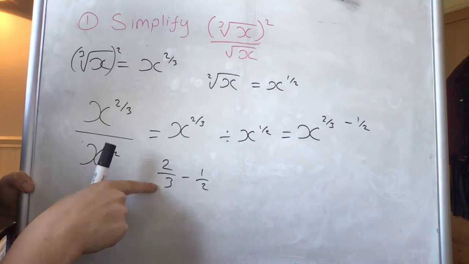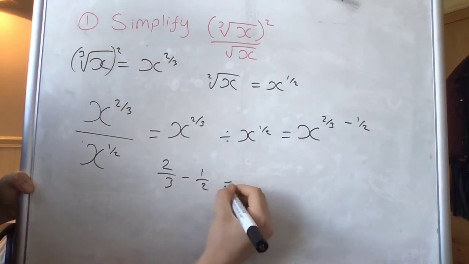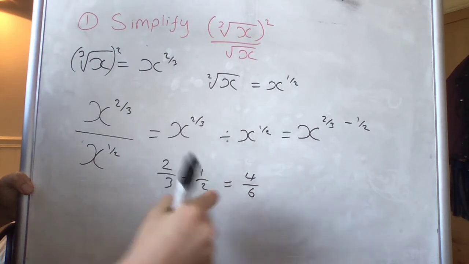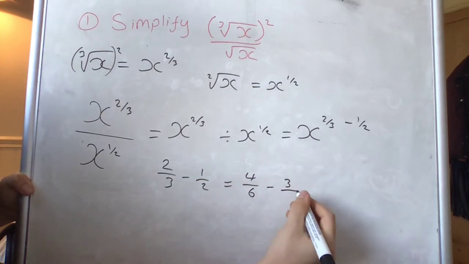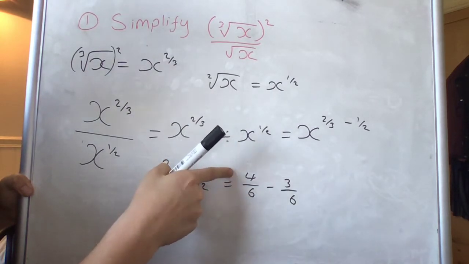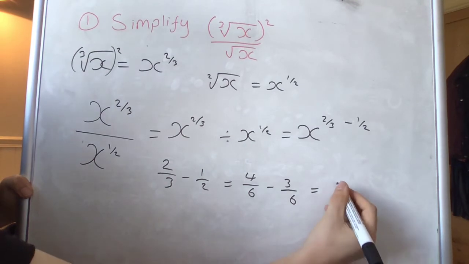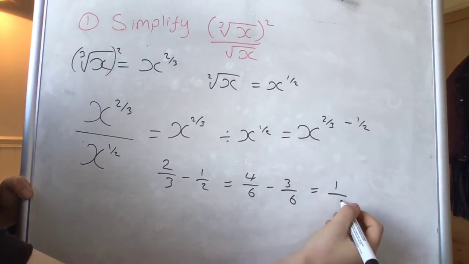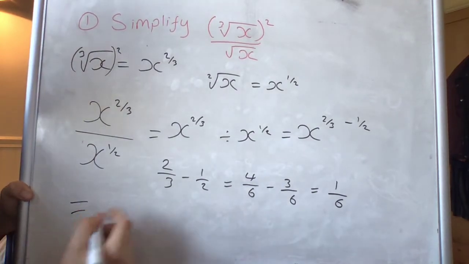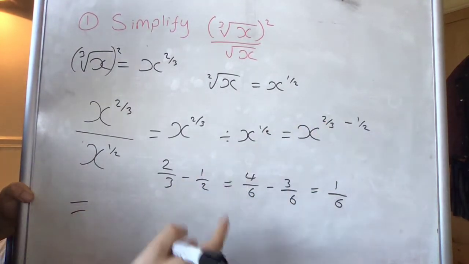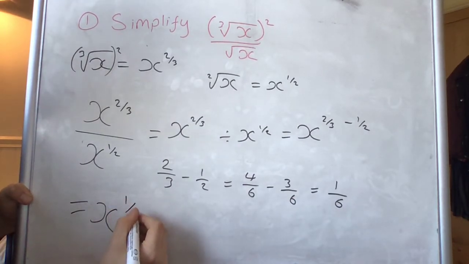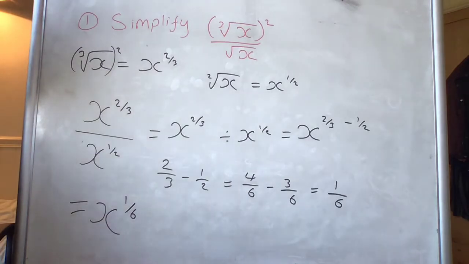So if we multiply both top and bottom of 2/3 by 2, that's going to give us 4/6, and if we multiply both top and bottom of 1/2 by 3, that's going to give us 3/6. Therefore we can just take away our numerators, which is 4 minus 3, and that equals 1, and we keep our denominator the same, which is 6. So our final answer, x to the power of 2/3 minus a half, is the same as x to the power of 1/6, and that is our final answer.